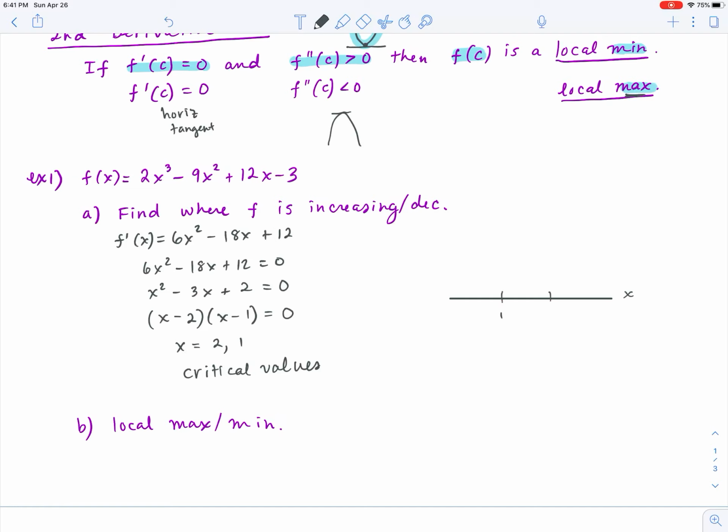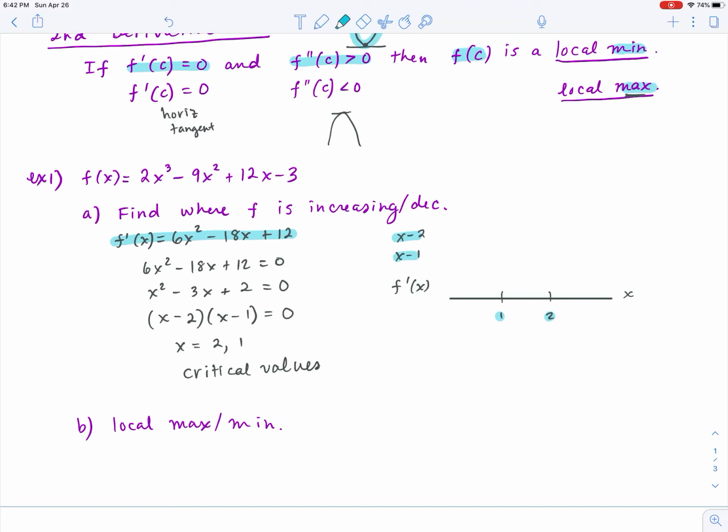Here's 1, here's 2, and I want to look at the signs of f prime, and we can do that by looking at the signs of x minus 2 and x minus 1. So ultimately, the first derivative here factors to 6 times each of these. And so these are the zeros, where the derivative is 0 and where we have a horizontal tangent.